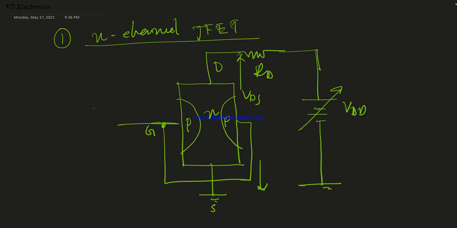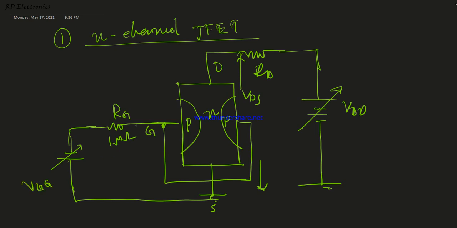And here we connect one variable source with a resistance of 1 mega ohm, a large value of resistance. One thing should be remembered: the voltage source is connected in reverse bias. This is grounded. This is VGG, and the voltage drop equals VGS. One thing should be remembered: VGS has the minus sign, this is minus and plus.